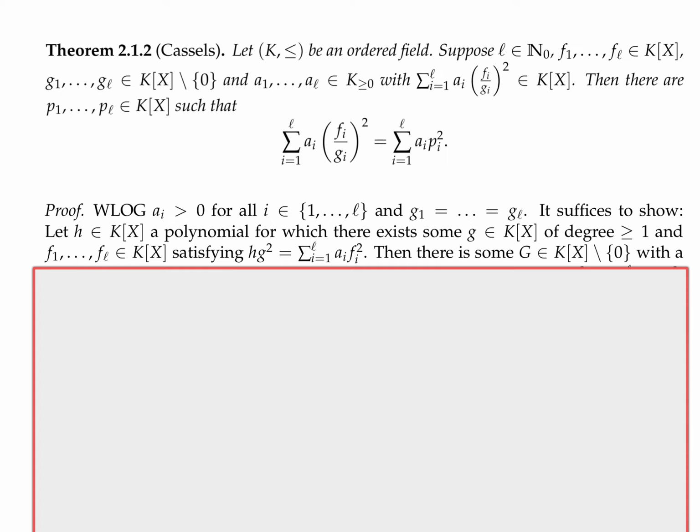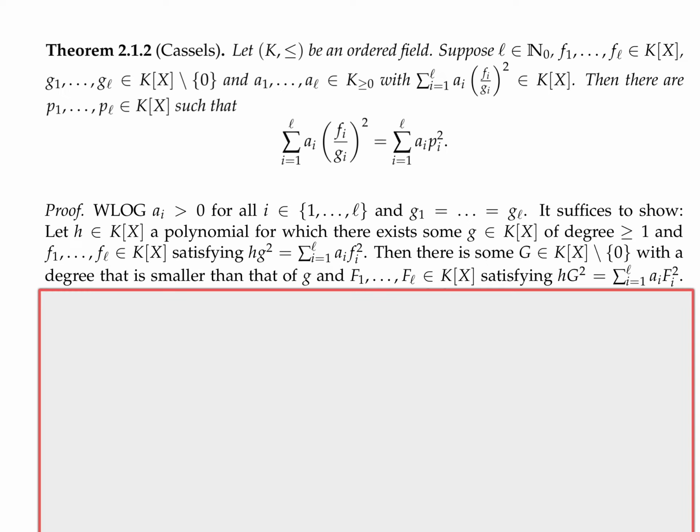And then I'm done. Right, and my final capital Fi's are then the polynomials I want. Okay, so it suffices to show, let H be in this way, when there is some capital G with a degree that is smaller than that of g, and F1 up to Fl satisfying H G squared is this. So that's to show.